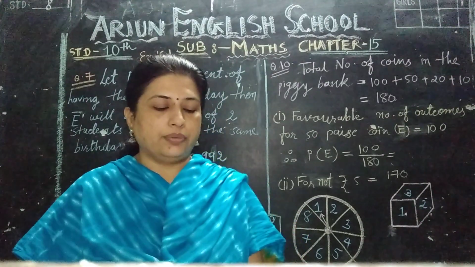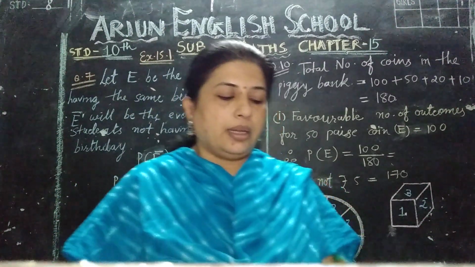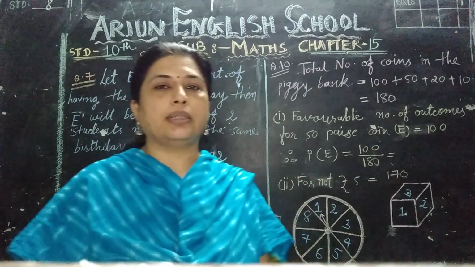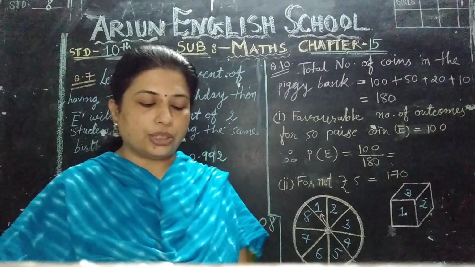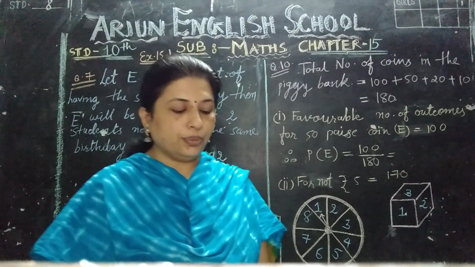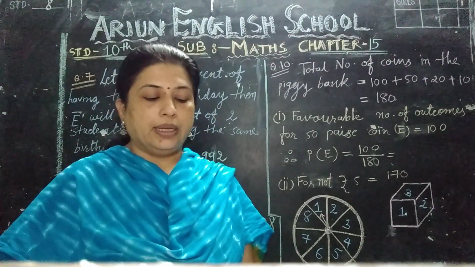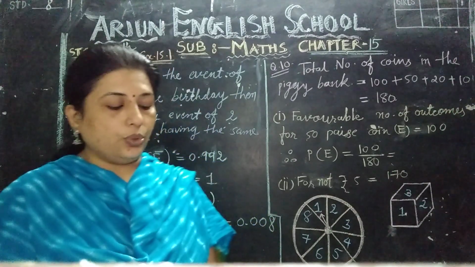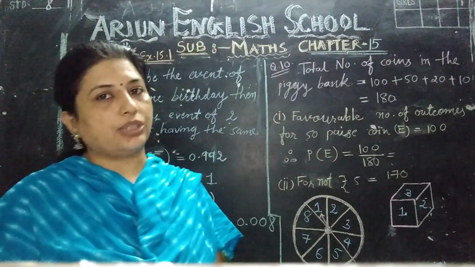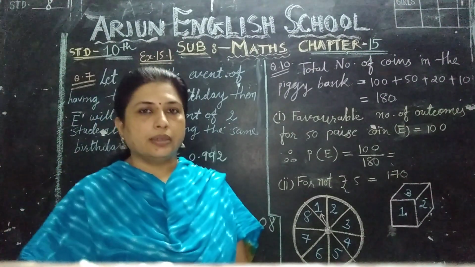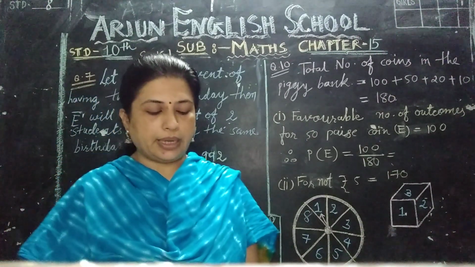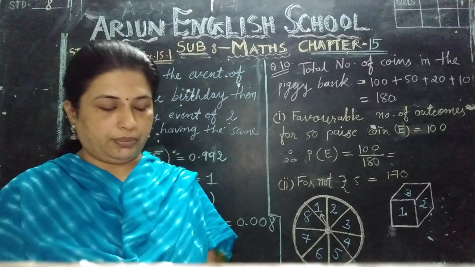For that, we can say that in this experiment, we are not justified to assume that each outcome is as likely to occur as the other. It may be that the car starts, it may be that the car does not start. Thus, the experiment has no equally likely outcomes.